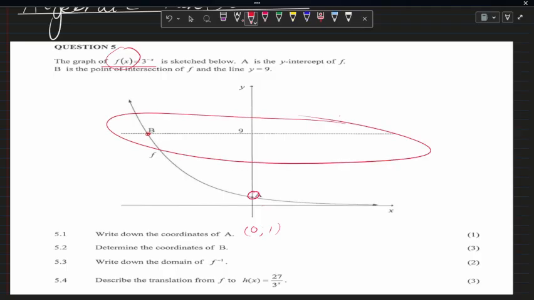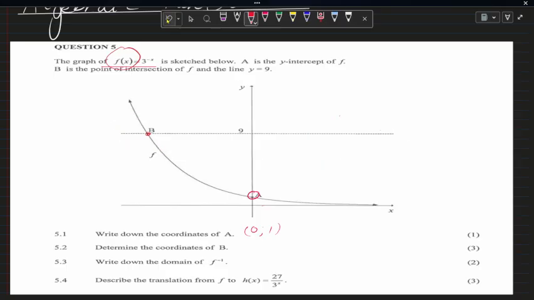The first one is this one, and the other one is this one. So we can use that to determine the coordinates of B by setting up a simultaneous equation and then solving for x and y, and then by that we have the coordinates of B.